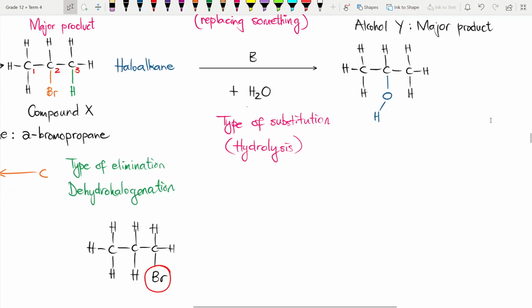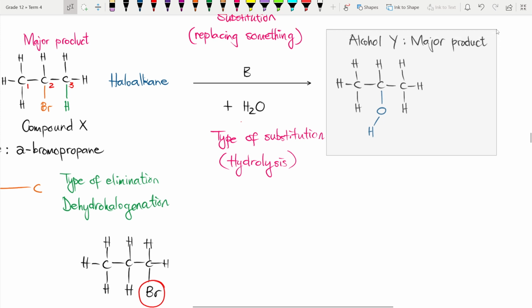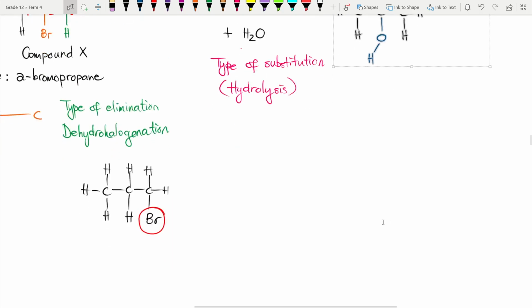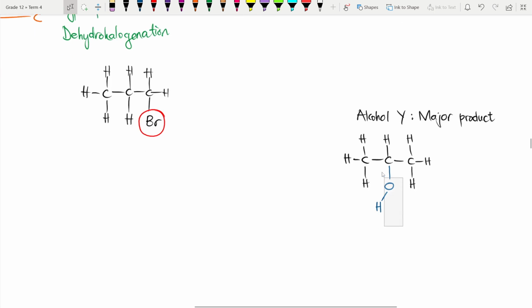So let me copy this one and paste and do the editing for the minor alcohol. Now the OH is not going to be here, it's going to be right here. That's how we know it's a minor product. That is very unlikely to happen. That's why we call it a minor product.